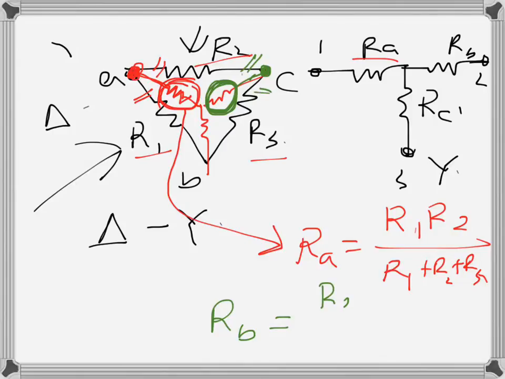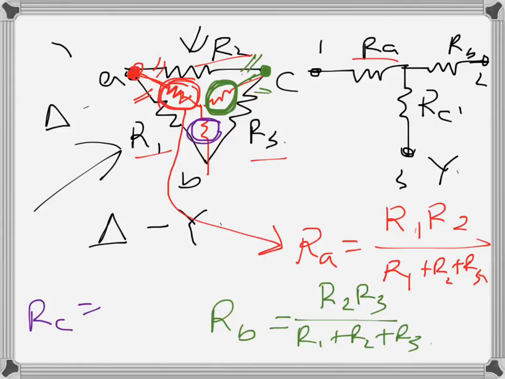So that will be R2 times R3 over R1 plus R2 plus R3. Finally we have the last one, let's call it RC. We can see the two resistances going to this node in the delta connection are R1 and R3. So R1 times R3 over R1 plus R2 plus R3.